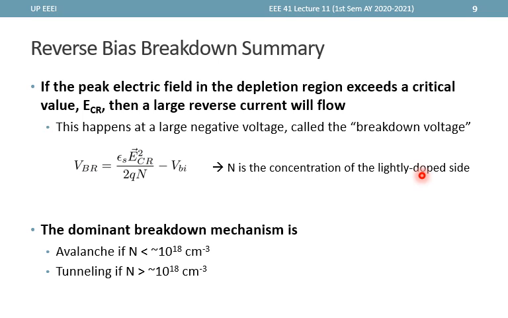We discussed two breakdown mechanisms: avalanche breakdown and tunneling or Zener breakdown. Now, the dominant breakdown mechanism is actually dictated by the doping concentration. If the doping concentration is very large, then the depletion widths become thinner, so it is easier for tunneling to happen. However, when tunneling is not yet the dominant case, the breakdown is caused by avalanche breakdown.